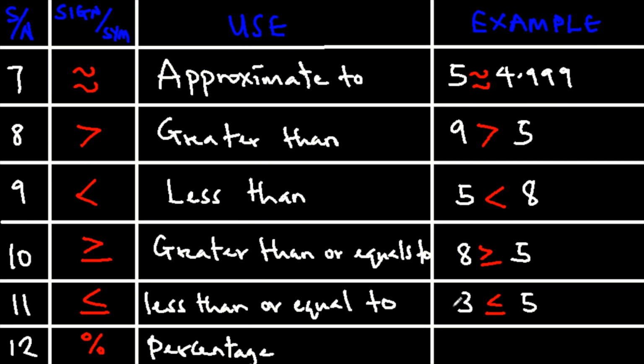For example, let's say we have 10%. We are basically implying 10 over 100 of the number 10, which is equal to 0.1. So percentage means over 100. So whenever we have 10% or 20% or whatever percent, we divide it by 100.